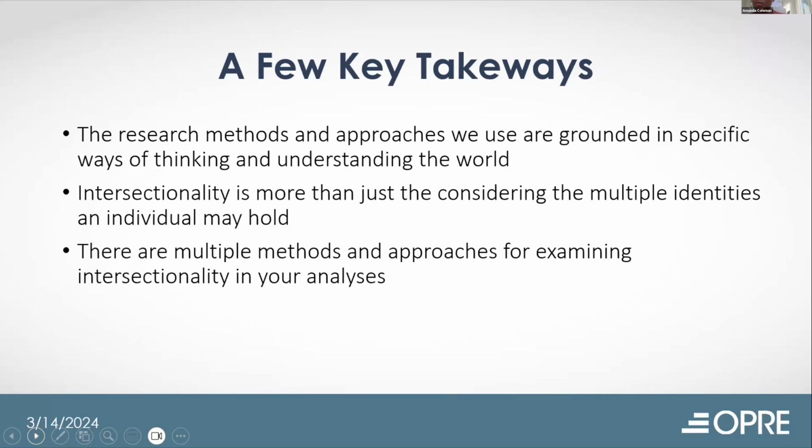I think Dr. Johnson's presentation really emphasized the importance of taking a critical perspective to the conduct of research. I think he really showed us how we can situate our statistical models against or alongside theoretical approaches that are aimed at justice. He also grounded his work in a very specific example, intersectionality.